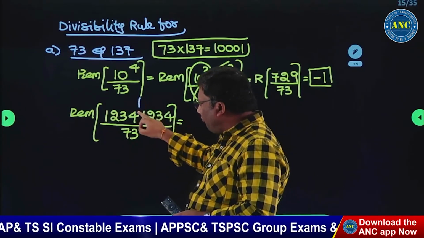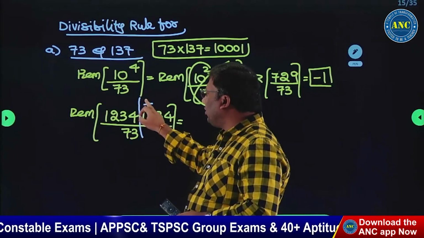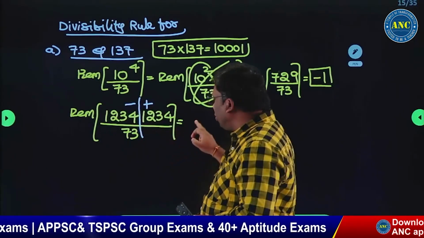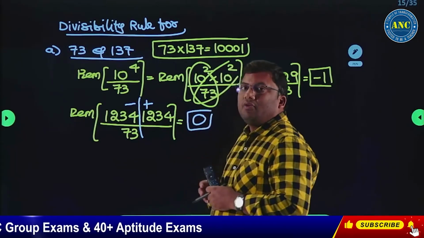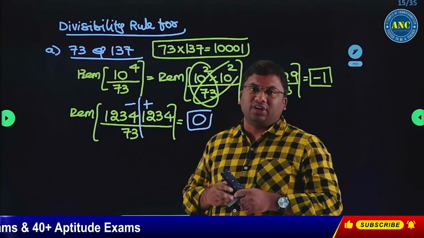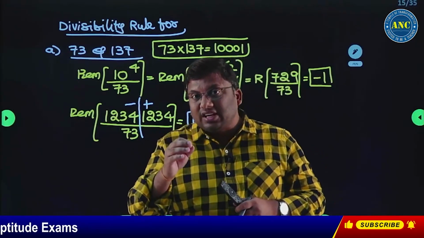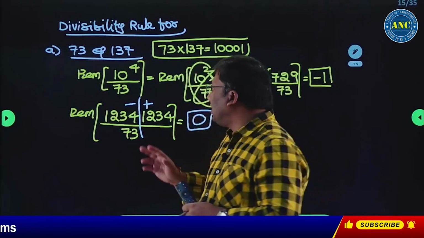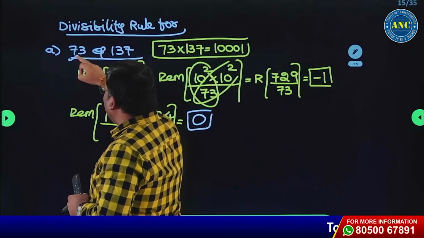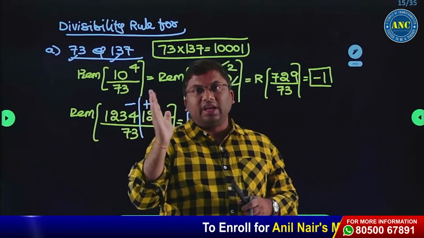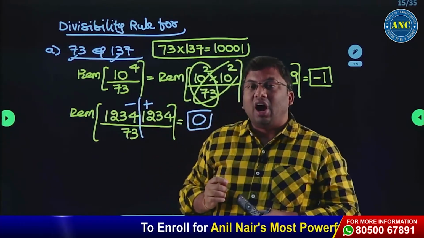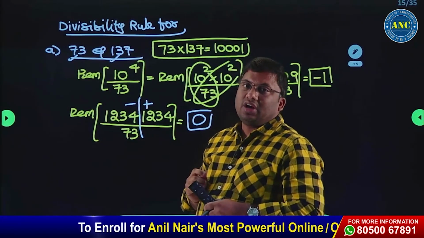Take a group of 4 digits, alternatively plus minus. 1234 minus 1234 is 0. Please write down in your notes. What is the divisibility rule of 73 and 137? Start from rightmost. Take a group of 4 digits, alternatively plus minus.